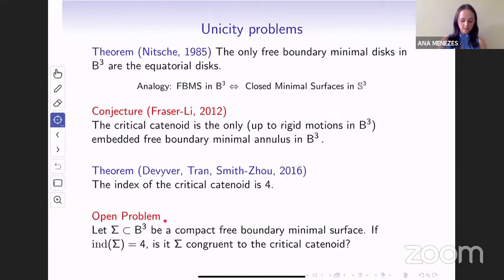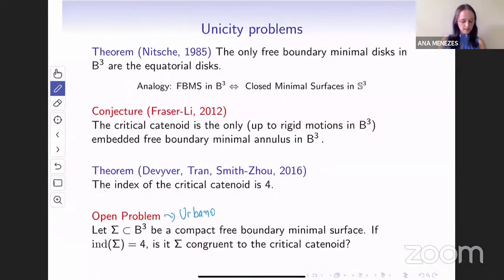And this problem here would be the analog of the result by Urbano. If you remember, Urbano proved that the Clifford torus is the only closed minimal surface in S3 with index 5, right? So it's a characterization of the Clifford torus by the index, right?